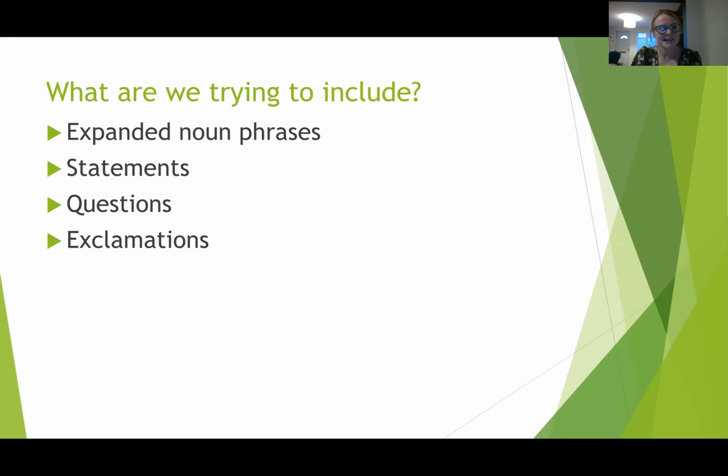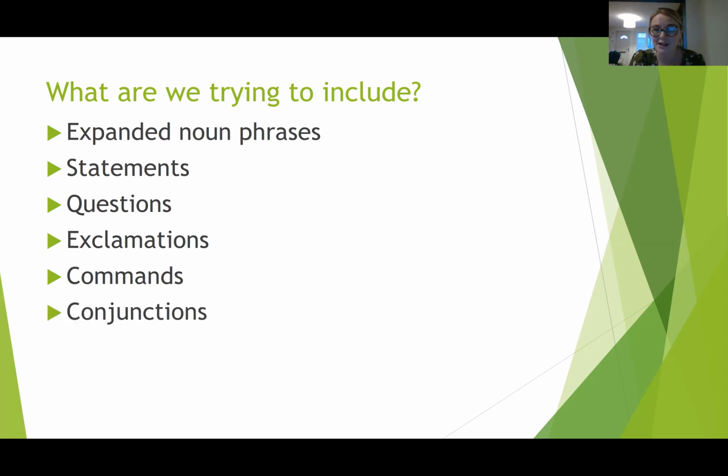Exclamations. Now, these, if you remember, are sentences with strong emotion in, and they end with an exclamation mark. Then we've got commands. Do you remember, these are sentences where they are asking or telling someone to do something.